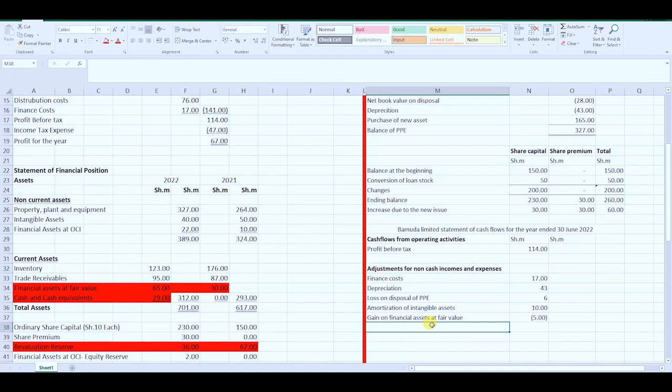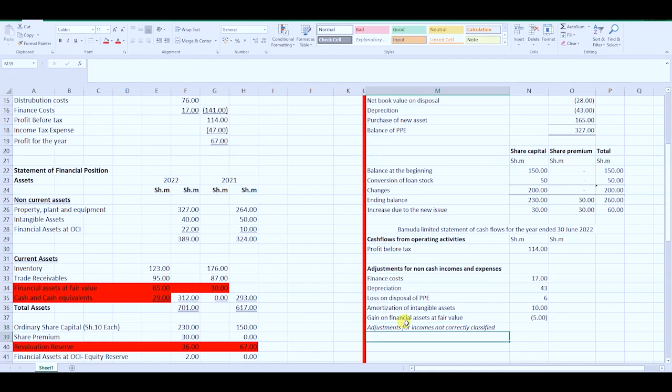So this one, if you bold it, it will indicate it's a heading, but you can just try and italicize that and indicate the adjustments for incomes not correctly classified.